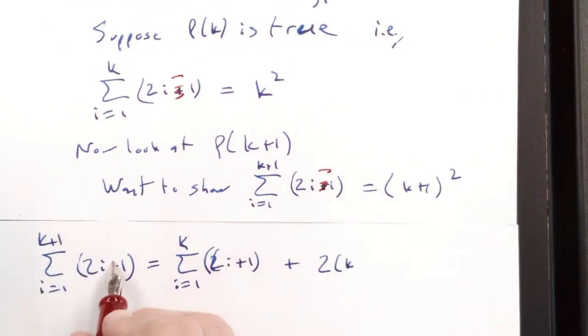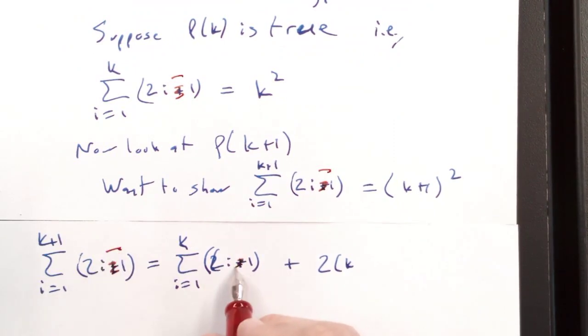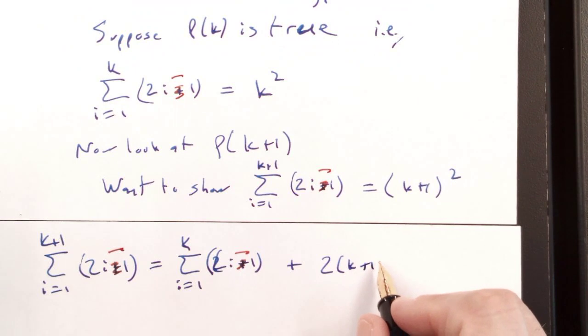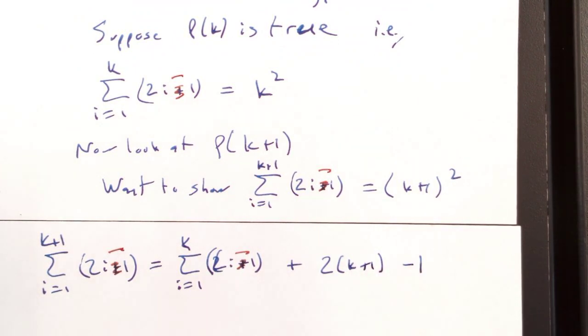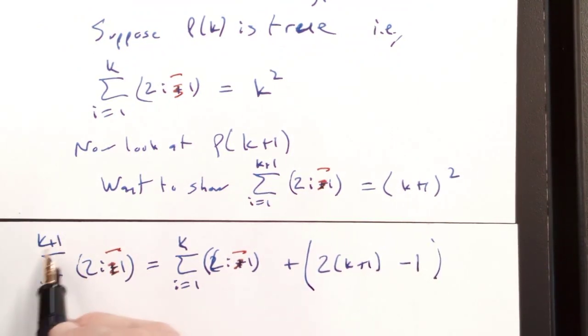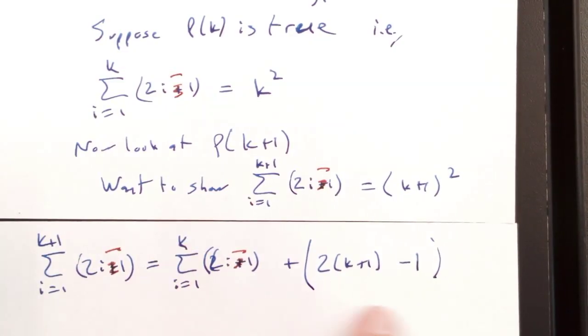There. Which means that should end with 2 times k plus 1 minus 1. Because this is what I get when I put in k plus 1. I did all the k, and then I did this extra one.